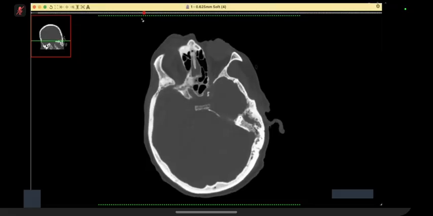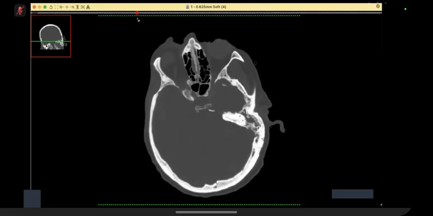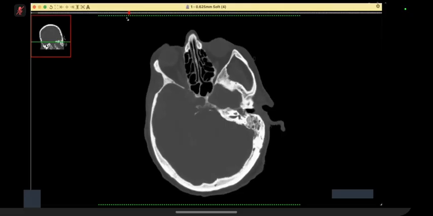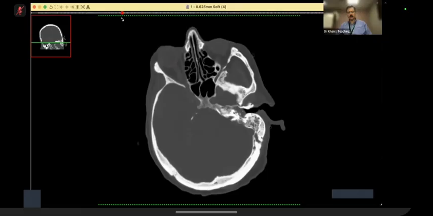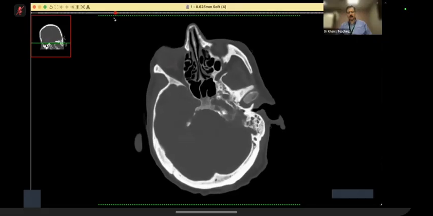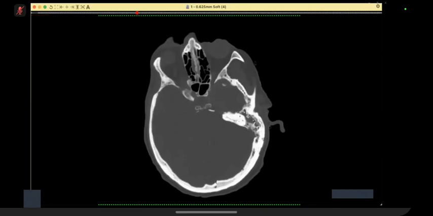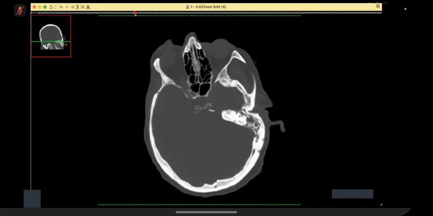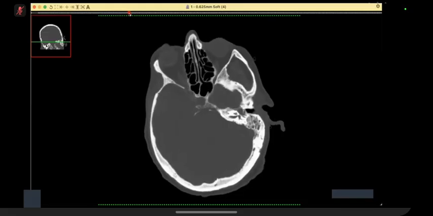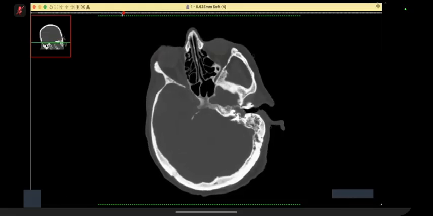Yes. Here I can see that the middle ear cavity is opacified. Tell me the names of the parts of the middle ear. Yes, okay, doctor. Here the ossicles are intact. This is the mastoid air cells, here the aditus ad antrum, and here I can see the middle ear cleft. I can see the ossicles here are not eroded and they are intact.